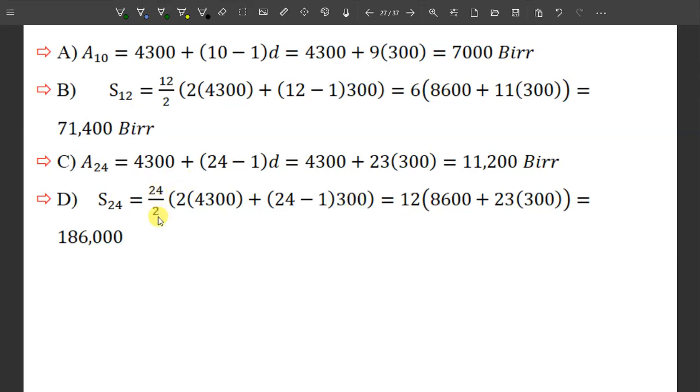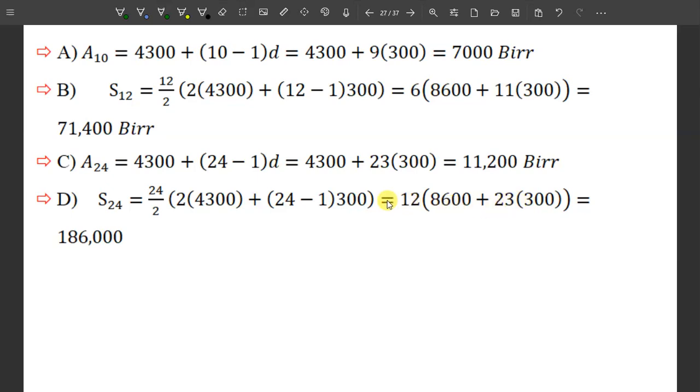Then 24 divided by 2 gives us 12, and 2 multiplied by 4,300 gives us 8,600, plus 24 minus 1, which becomes 23, multiplied by 300. Perform the operation in brackets first, beginning with the multiplication.